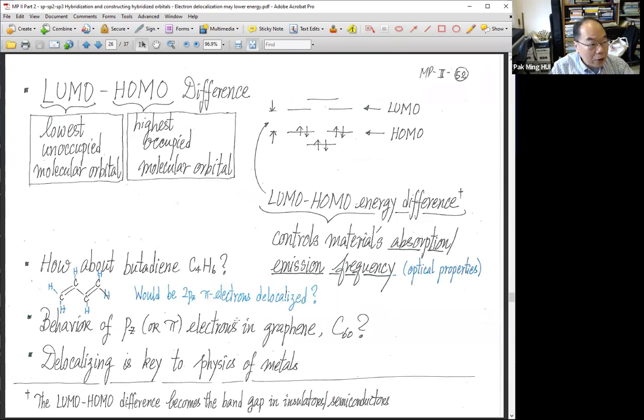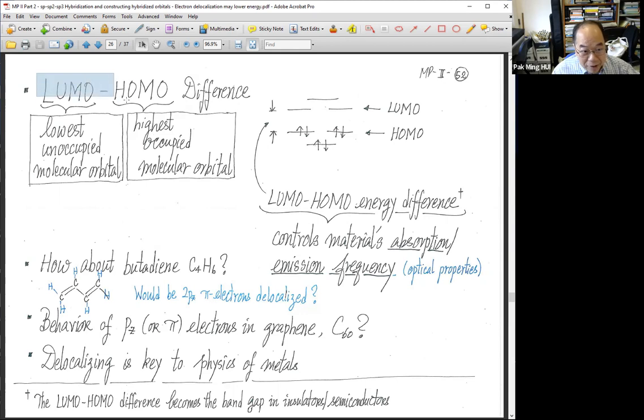Then I would like to introduce a few names because some of you may be doing solar energy materials in your final year project, etc. And there are jargons that scare you off, but I would like to tell you that there is nothing fancy. One of them is something called the LUMO-HOMO difference.